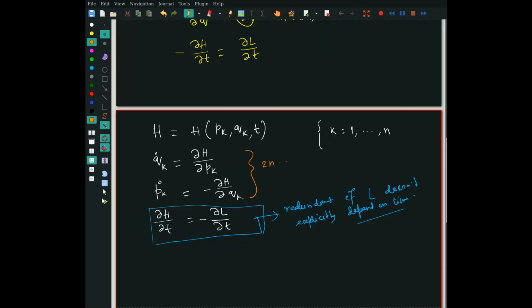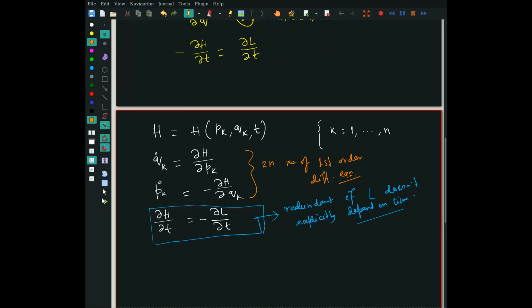So in a sense, it is the same. Either you might like to solve n second order differential equations with proper boundary conditions, or sometimes you might find it easier to solve 2n first order differential equations.